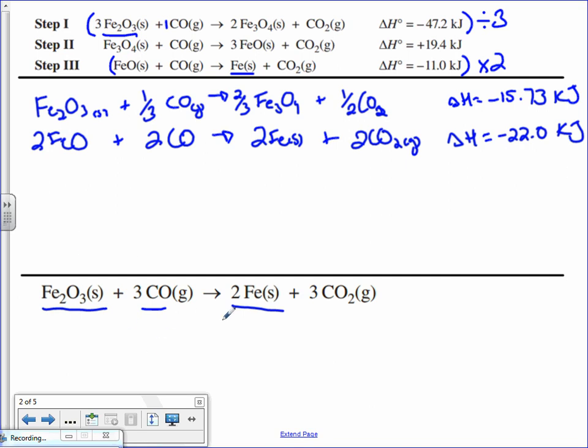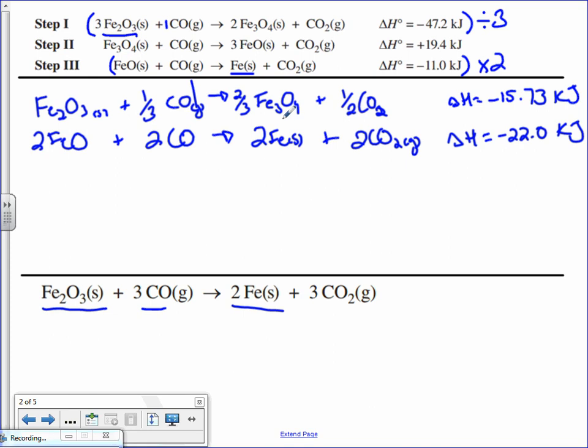Now, the third one, okay, this equation is rather tricky actually, because we've got all these carbon monoxides and all these CO2s, and we know they have to add up to the end to give us 3. A trick for this one is if you can't figure out how to add up the CO2s or the COs, one thing I would pay attention to is that I see this Fe3O4 as part of equation 1, and that is not part of my net reaction.